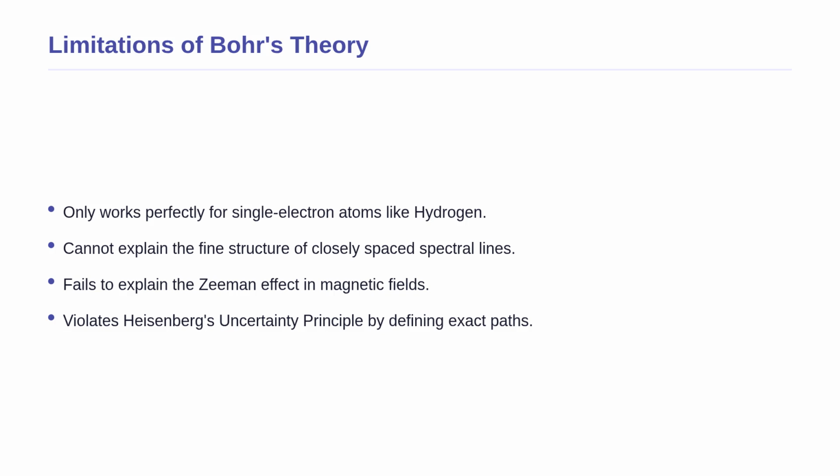Furthermore, it could not explain why single spectral lines were actually made of multiple fine lines. It also failed to explain how atoms behave in magnetic fields, known as the Zeeman effect. Finally, by claiming the electron was in a precise orbit with a precise speed, it directly violated Heisenberg's uncertainty principle, which states you cannot know both simultaneously.